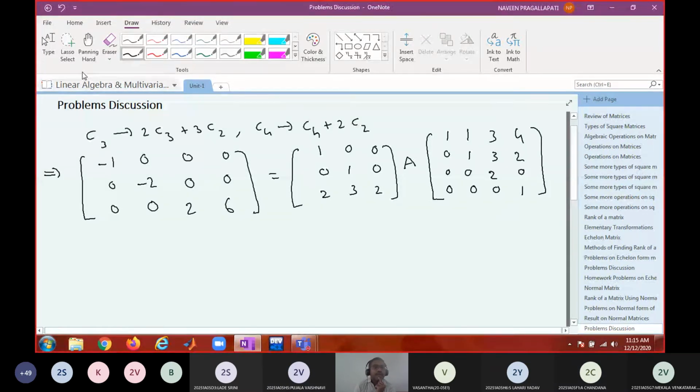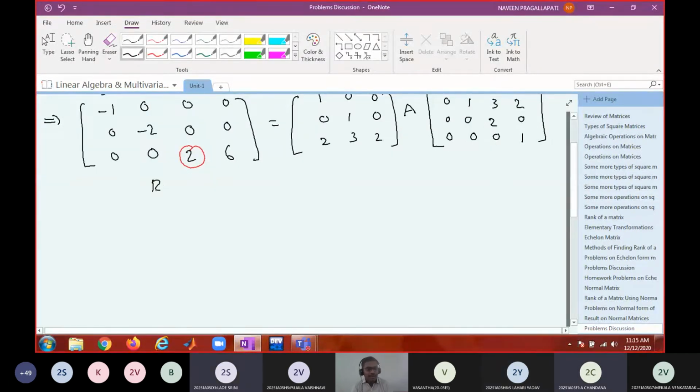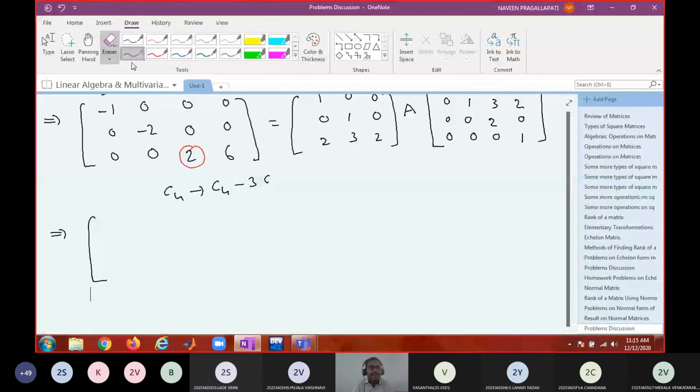Now what is the operation we have to apply? Column operation, no row operation. So C4 gets C4 minus 3C3, because the third column contains the pivot.